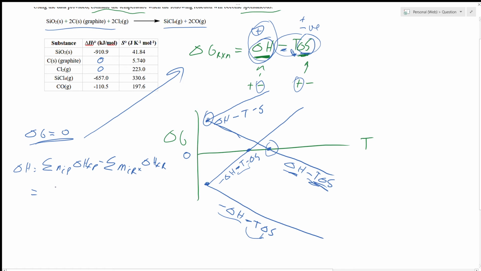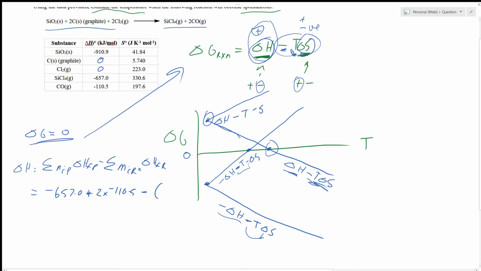What do we got? We got 1 times the silicon tetrachloride, and we've got how many? 2 times carbon monoxide, and we need to minus that away from the sum of how many do we have?